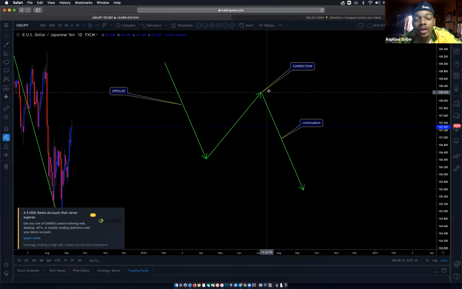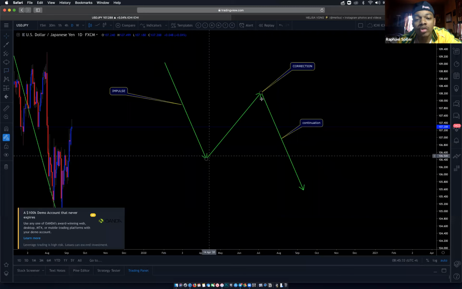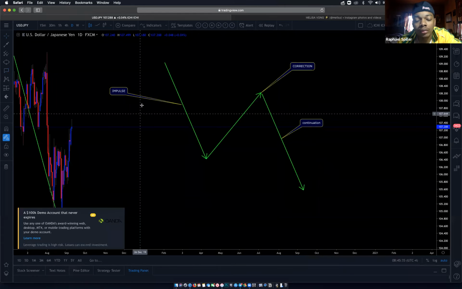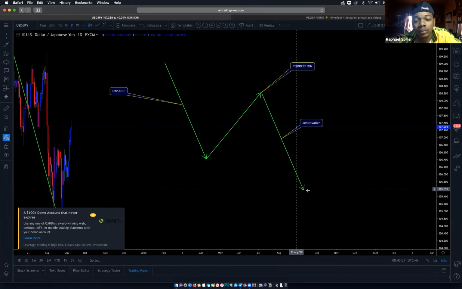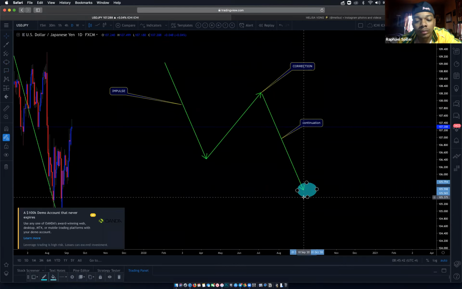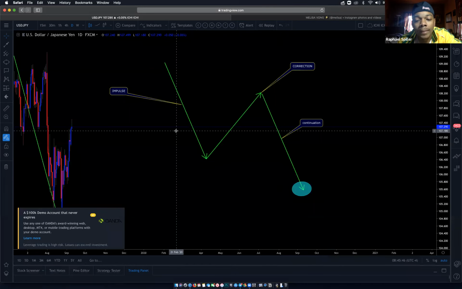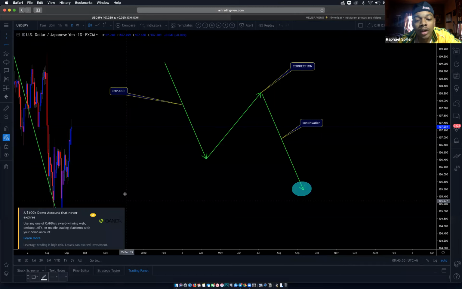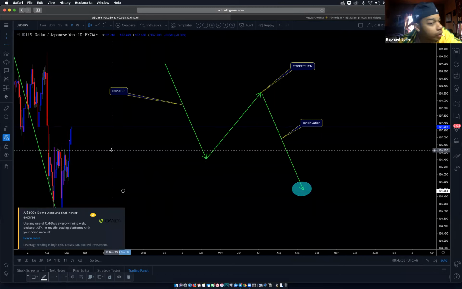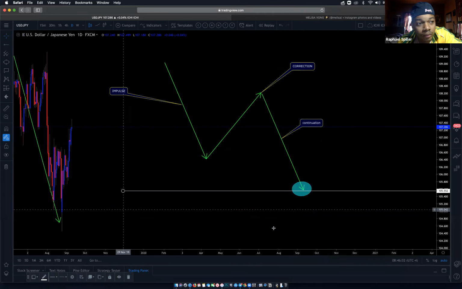So if you get a correction, just measure the impulse and you know how far your take profit is. This was your take profit. And most likely, your take profit is another support or resistance level or demand level 9 times out of 10.